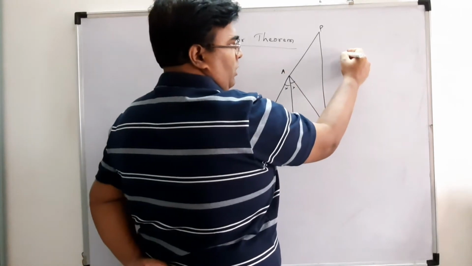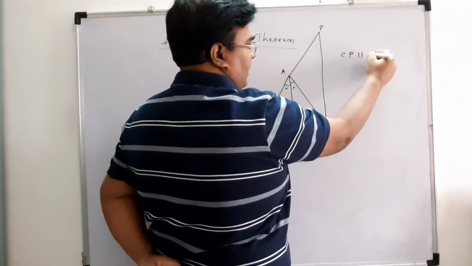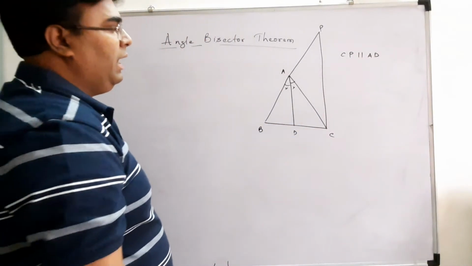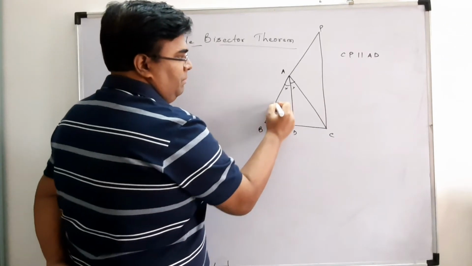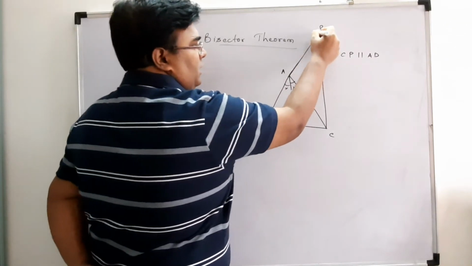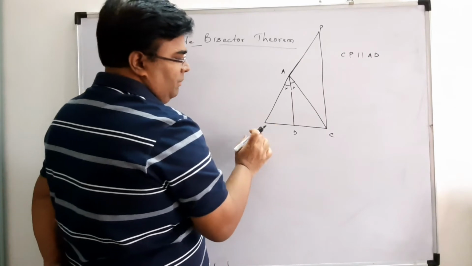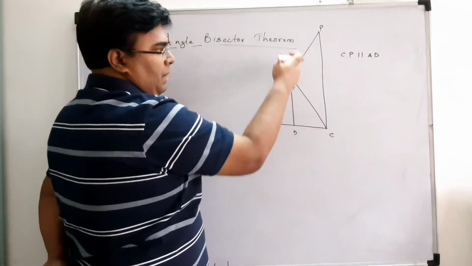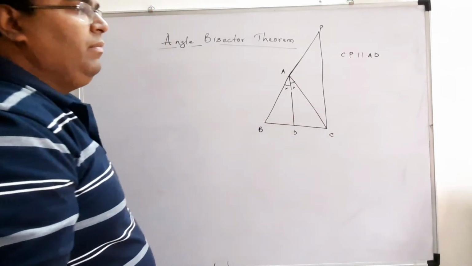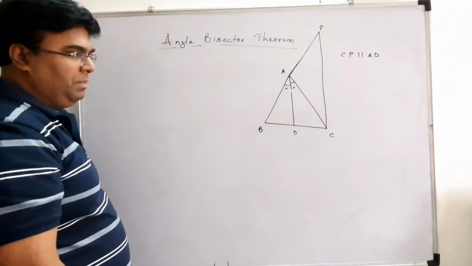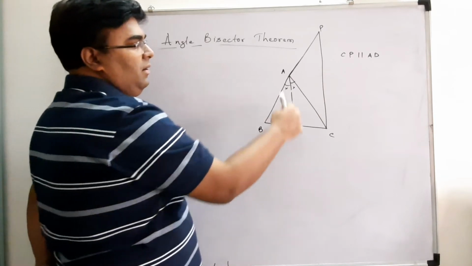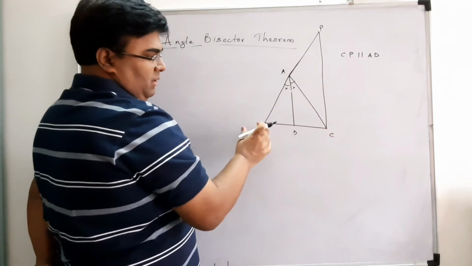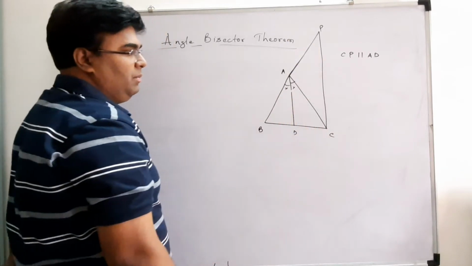So in the construction, you can write CP parallel to AD, right? And I have extended BA to join this. So I have made a bigger triangle BCP, where PC is parallel to AD. And we have just learned in BPT that if a line is parallel to the third side, it divides the other two sides in the same ratio.